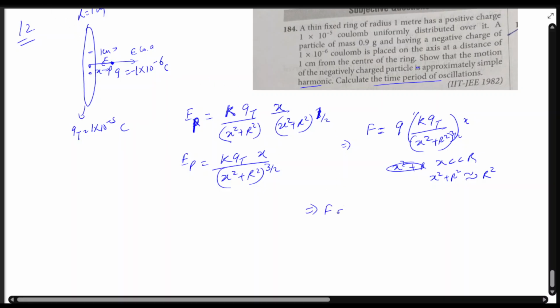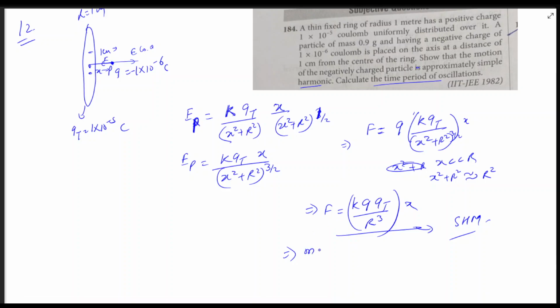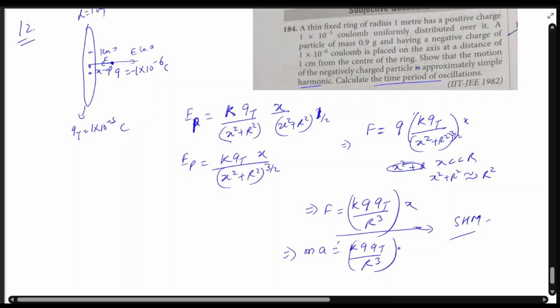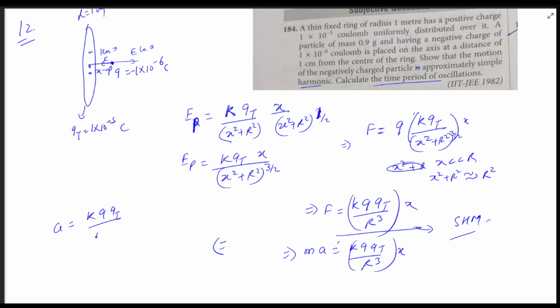So simply force will be k q Qt upon r cube into x, which is a condition for SHM, right? So let's just put the values and we can find the time period. So mass is given, so m into a will be equal to k q Qt upon r cube into x. So we will have acceleration as k q Qt upon m r cube into x.